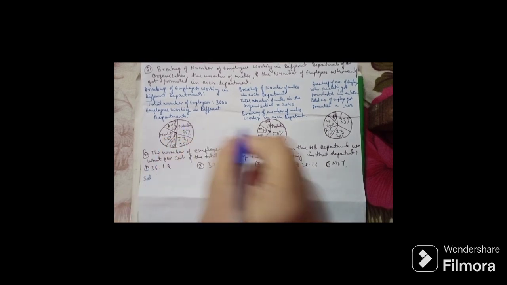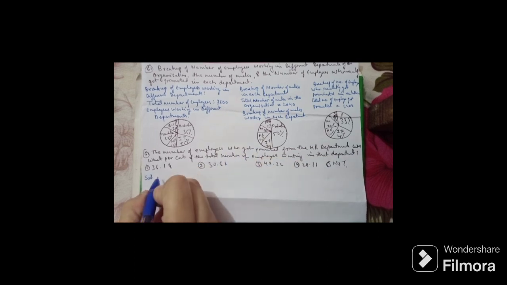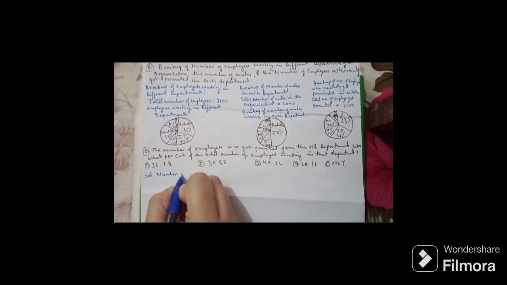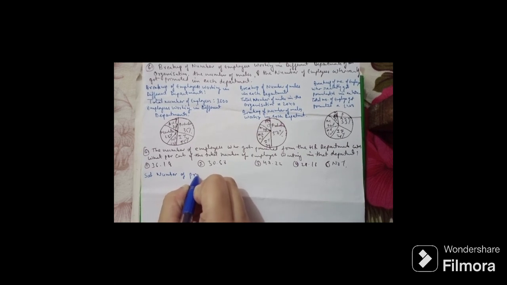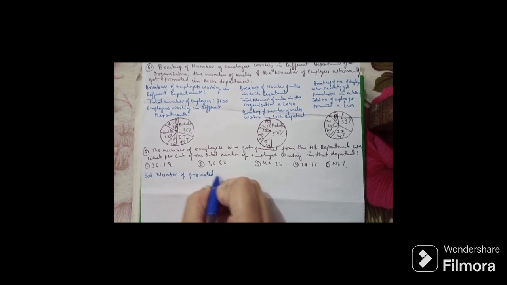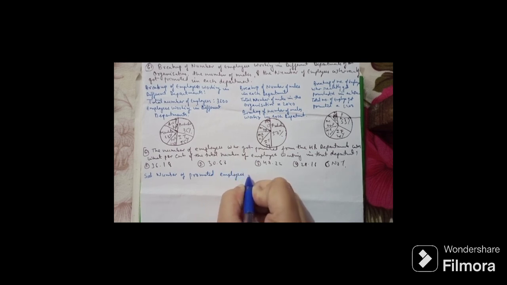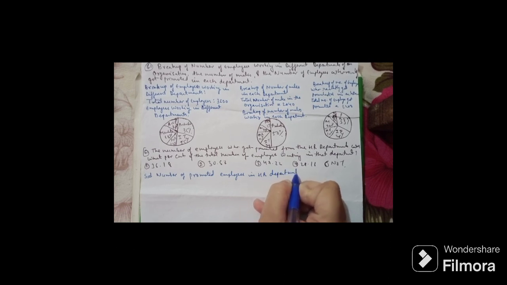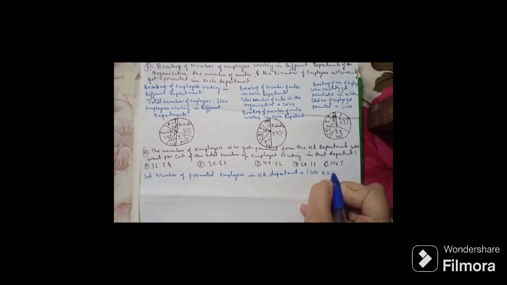The number of promoted employees in the HR department. This is the given data you have to use. Number of promoted employees in the HR department equals 1200 into 0.11, which equals 132.